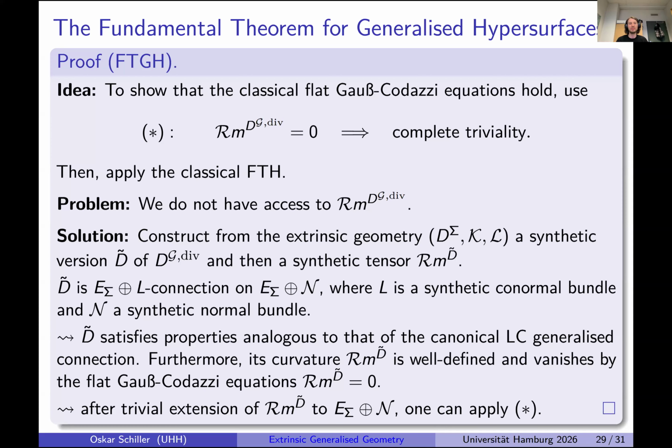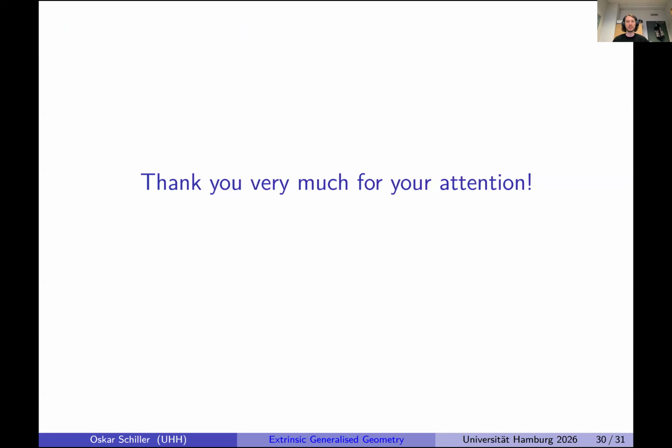And because we have enough control to describe everything that we need on the one-jet over a point, we can apply the result, obtain complete triviality, and apply the classical fundamental theorem for hypersurfaces to obtain our result. So thank you very much for your attention.